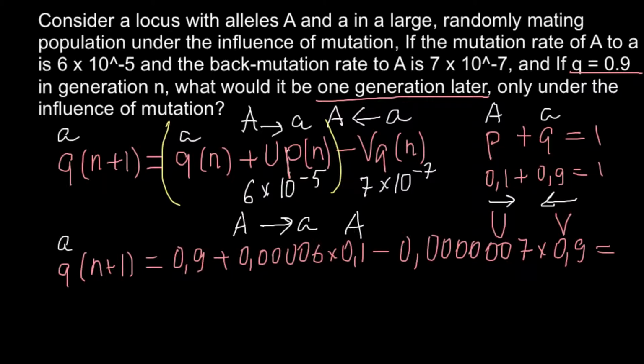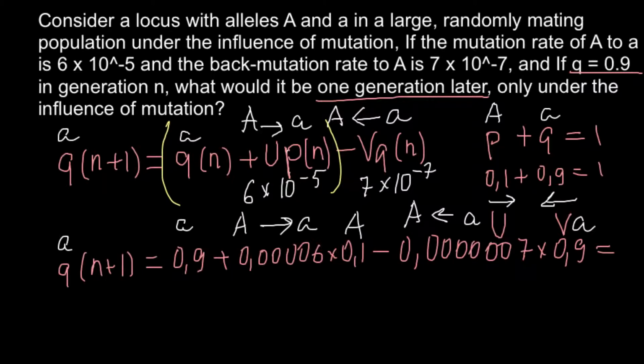And this is going to be the current frequency of the recessive allele A. So this number would be the frequency of the backward mutation of the recessive allele A into the dominant allele, and 0.9 stands for the frequency of the recessive allele A.